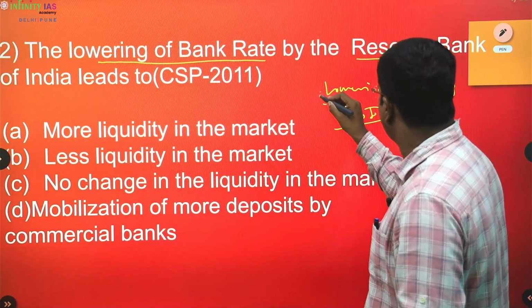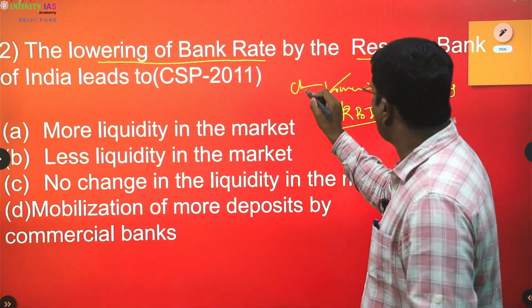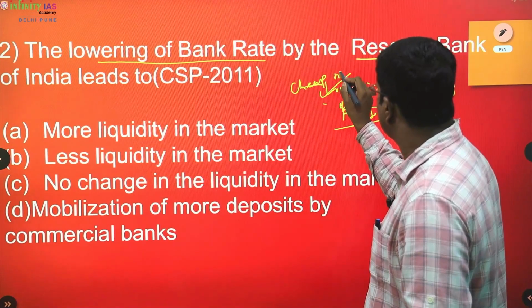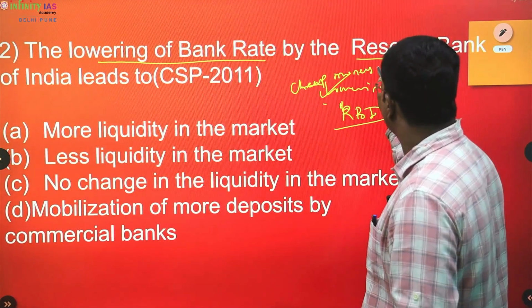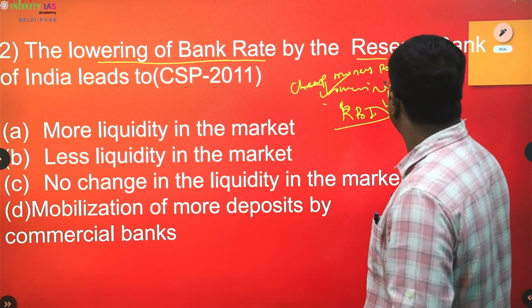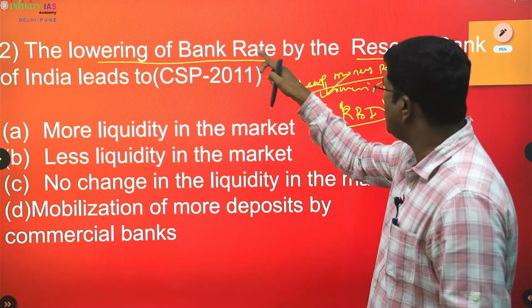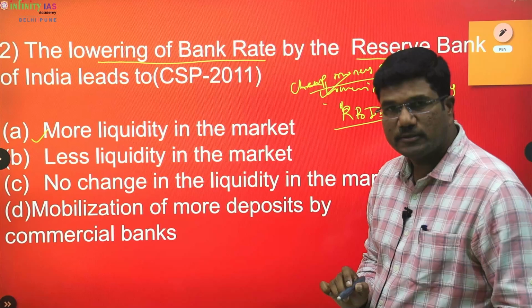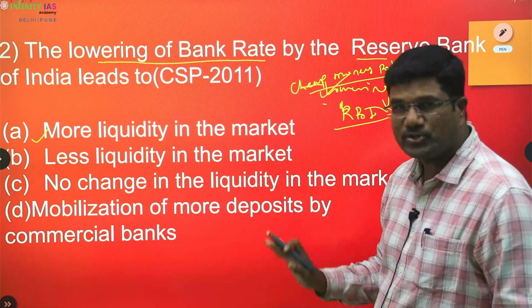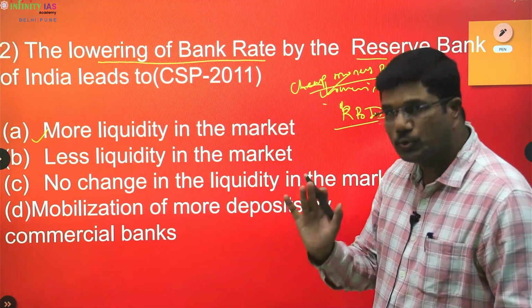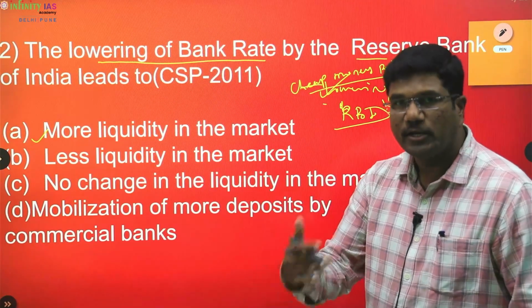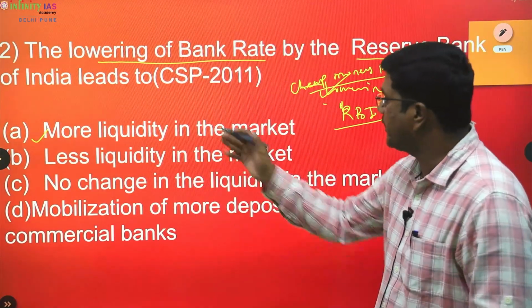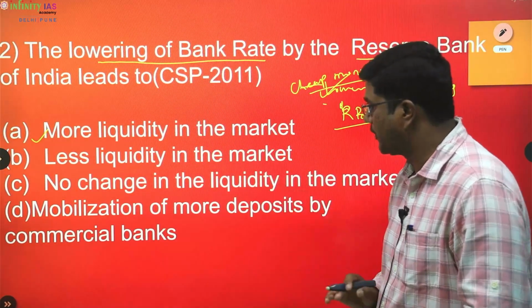Whenever it lowers, it is called the cheap money policy. And when cheap money policy is there, there is more liquidity in the market. So remember, it is a conceptual question. You should know the concept, you should know the quantitative measures of RBI of credit control, then you can answer the question in a very simple manner.